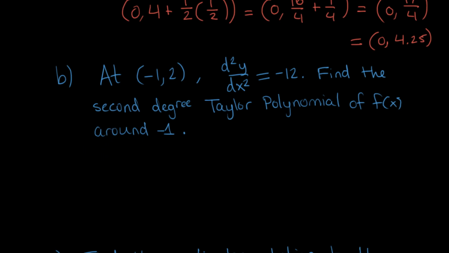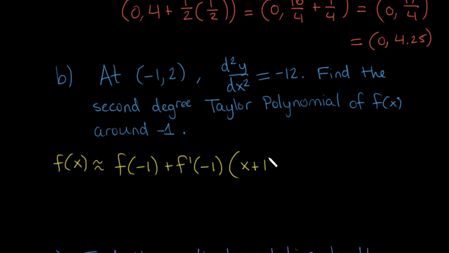It says that any function f(x) is approximately, if we're approximating around -1, we're going to say f(-1) first, and that's the constant term. And then for the linear term, we say plus whatever the derivative of f at -1 is, times x around -1, which is x plus 1.